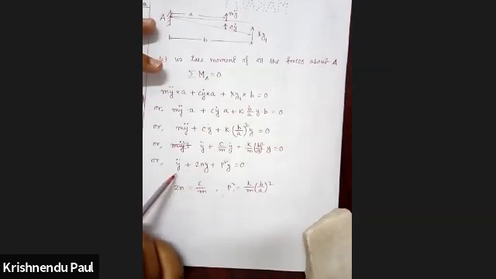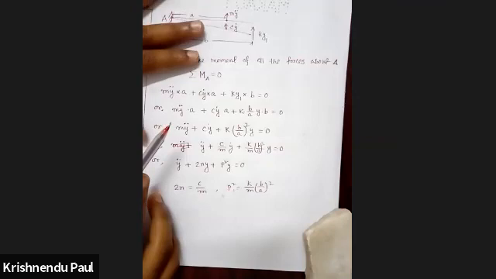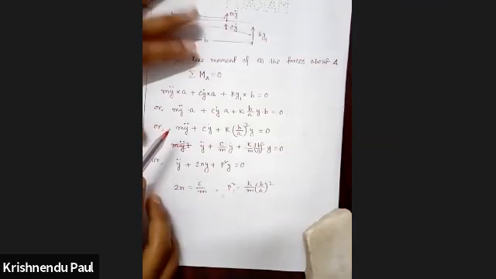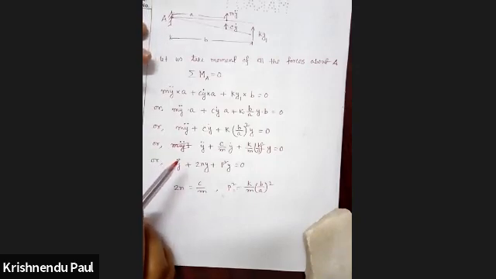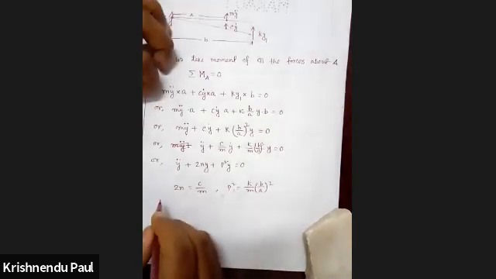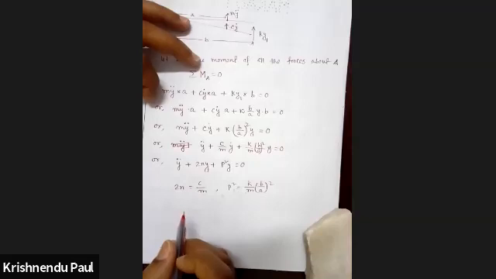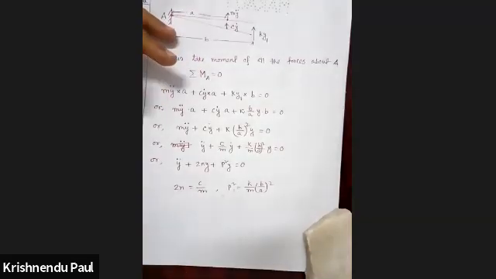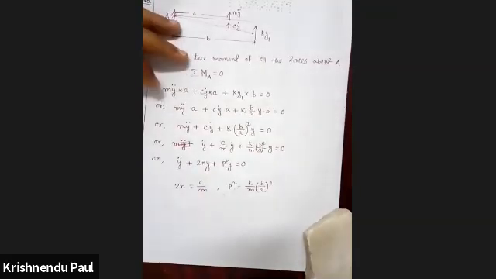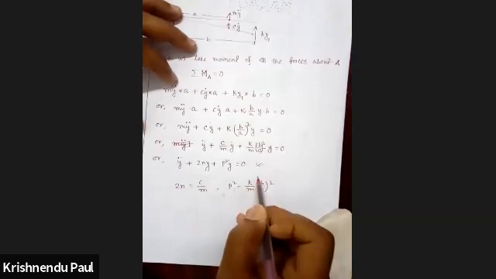So this type of system will show free vibration, and it will oscillate. For that we can find the other terms also, natural frequency and all we can find. So this is the equation of motion. This is the first answer.